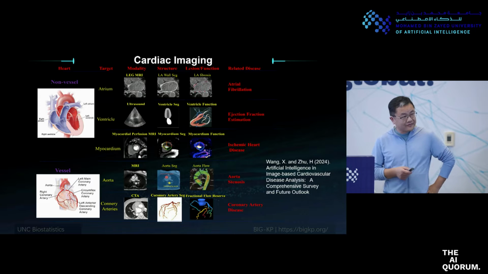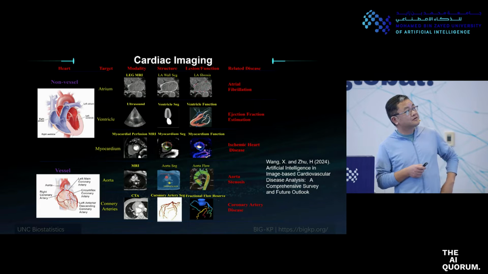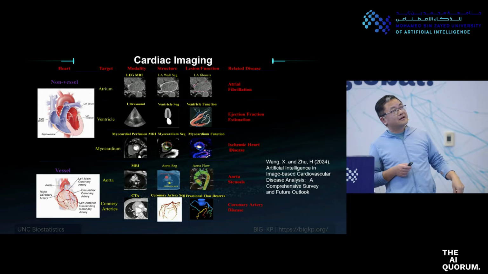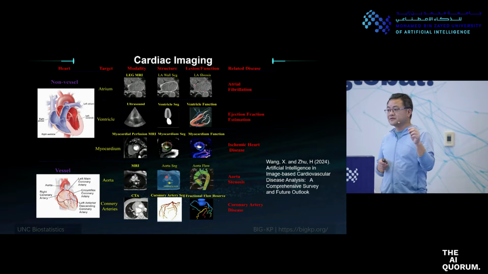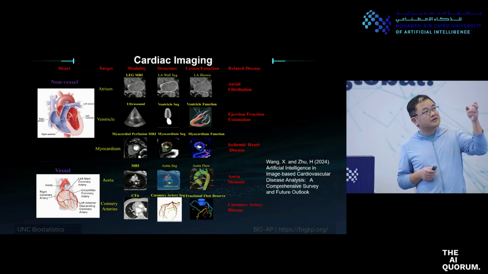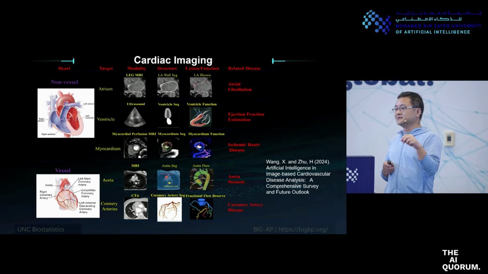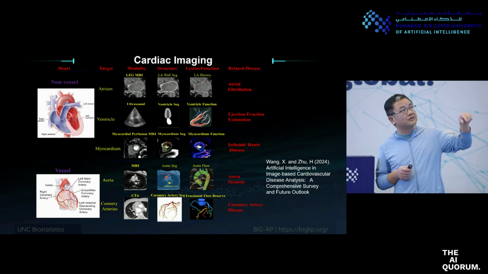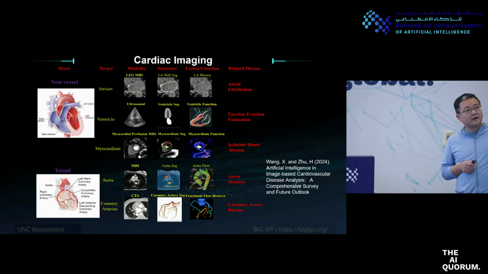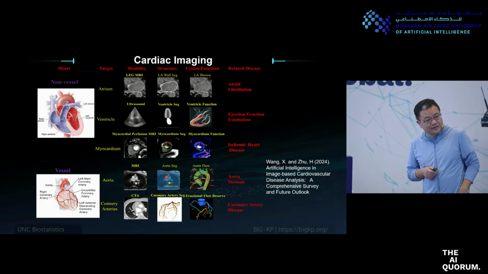You can further divide this structure into different substructures, and you can use different imaging modalities to investigate their anatomical structures and functions. We also link all these substructures with the popular cardiac diseases.